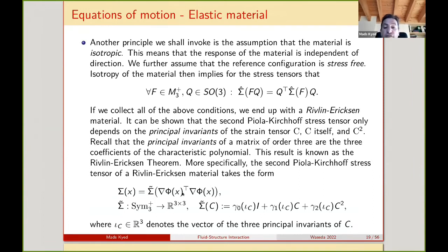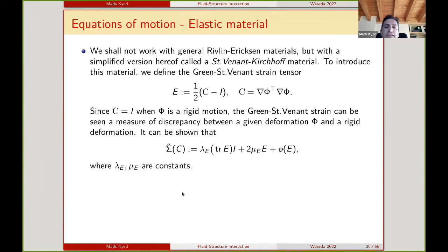Now we have a constitutive equation, at least, right? We have a stress tensor sigma, which is expressed in terms of our unknown phi in a certain way. Obviously, one has to figure out what these coefficients are, and so in general, depending on the coefficients, there are different types of Rivlin-Ericksen material.